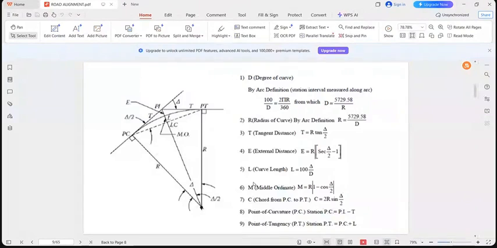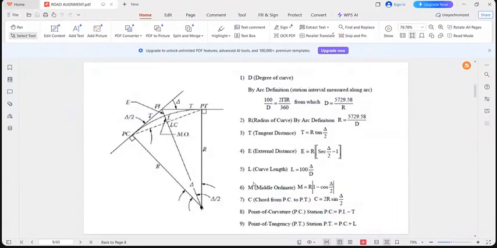What is important for you as engineers to know is that normally for horizontal curves, the minimum radius of the curve that we can have is 14 meters. If you find somewhere that the radius of the curve is less than 14 meters, you should treat that as substandard. You understand?